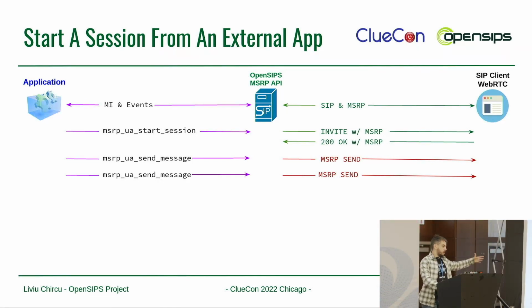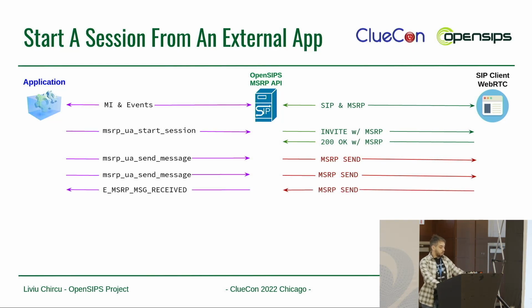Now when the users of your web app type a message, each of them is translated into this MI function that on the other leg is converted into an MSRP send, and so on and so forth. In the other direction, the sent messages will be converted into events that you can capture in your OpenSIPS script, so you can feed them back to the application. And towards the end, we need to end the session, so that is the end session function.